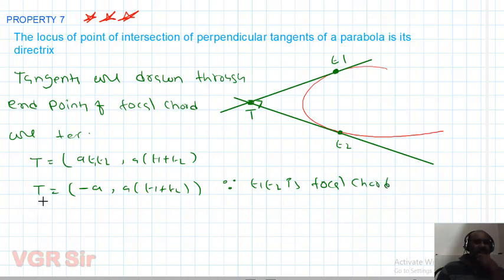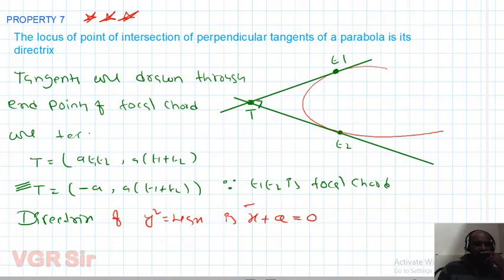Now we want to prove that the point T is on its directrix. Just substitution only. So take the directrix equation first of all, which is x plus a equal to 0. Now I want to prove that this equation will be satisfied by this ordered pair, or this ordered pair is on this line: minus a plus a equal to 0 only.